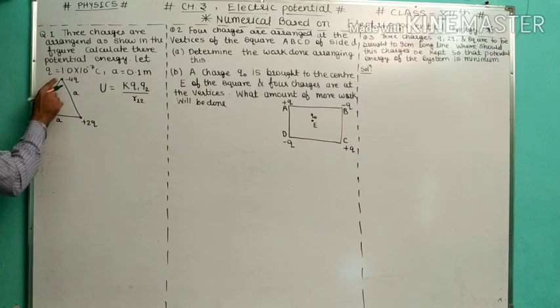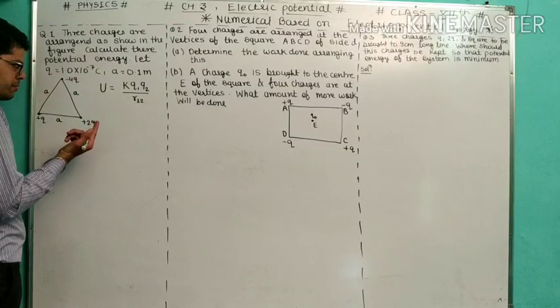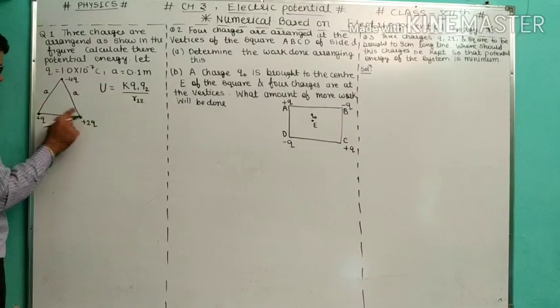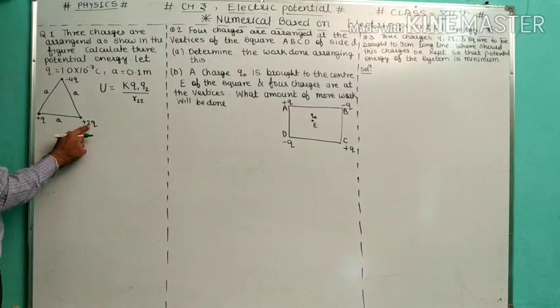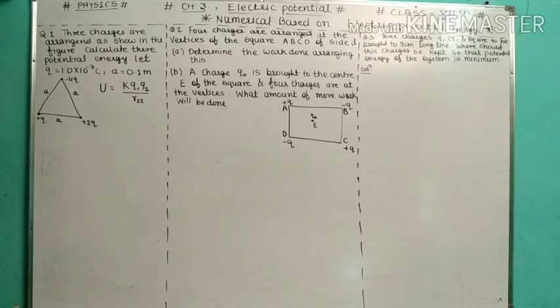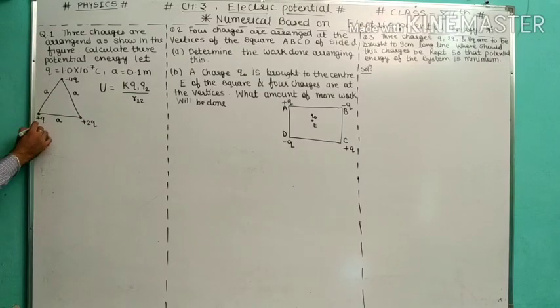But when we bring another charge, minus 4Q, work is done between Q and minus 4Q. Then we bring the charge plus 2Q, so work is done due to Q and 2Q, and due to minus 4Q and 2Q. This derivation we already did. Now we are finding the solution.